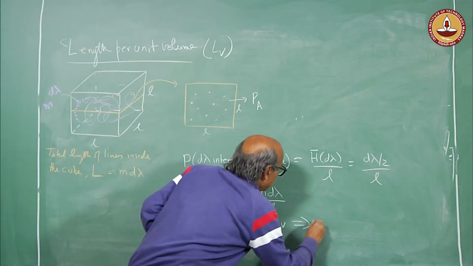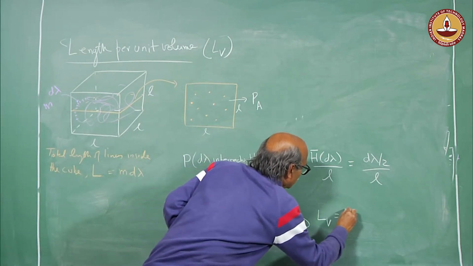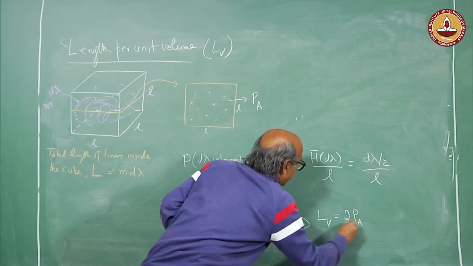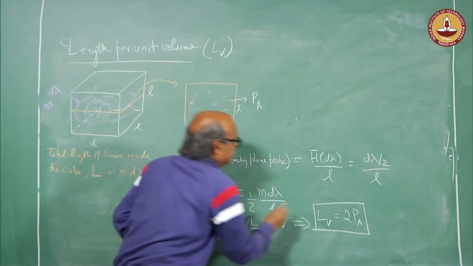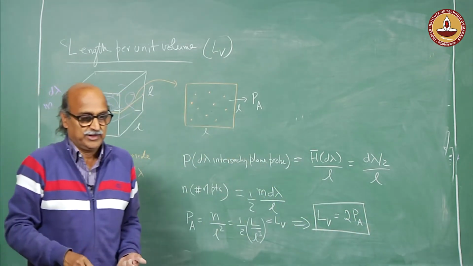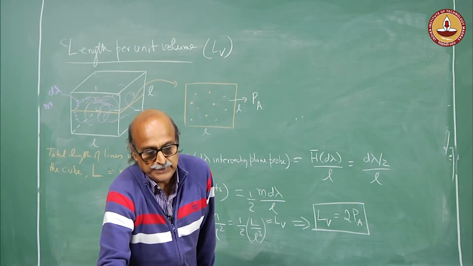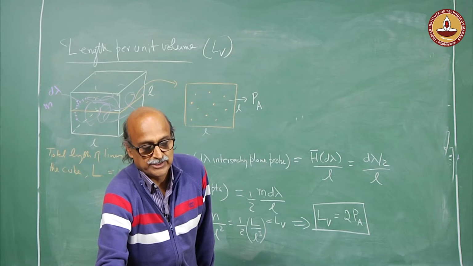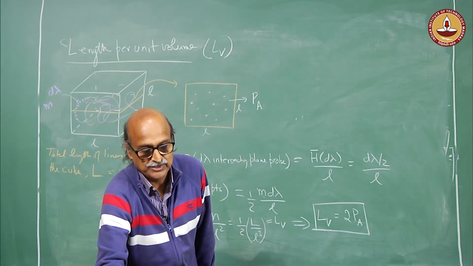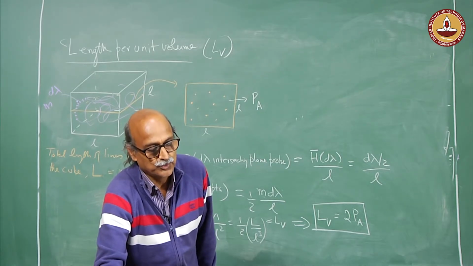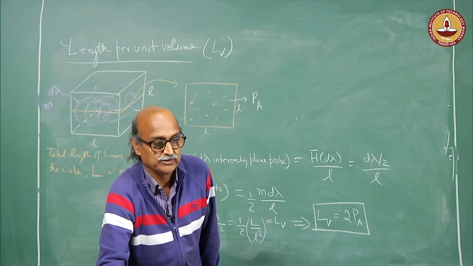So, from here, length per unit volume is 2 times the number of points per unit area. So, now I have related P A, points per unit area, which on the slide you can see is related to length per unit volume.